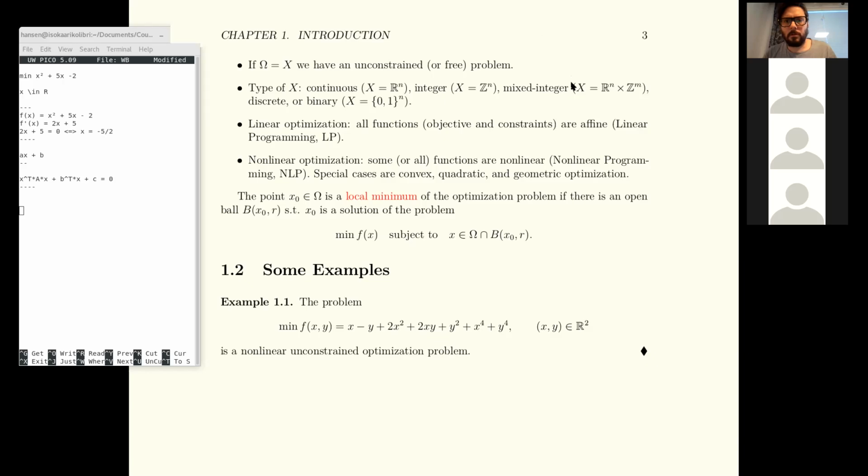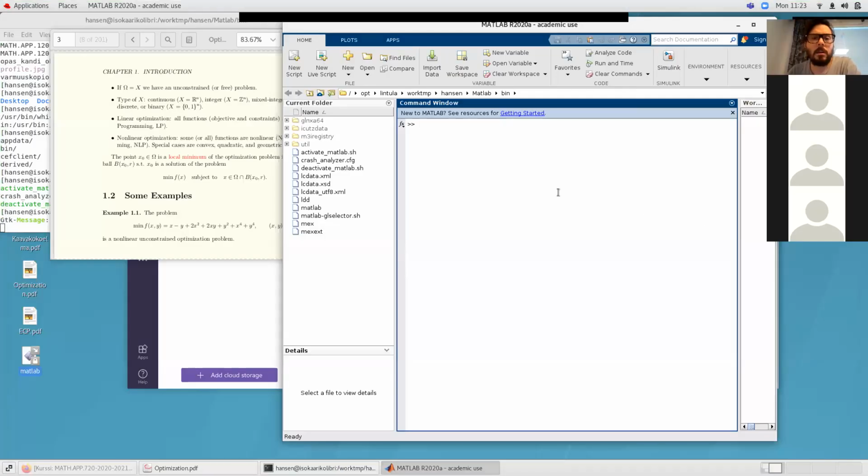I'm going to just very quickly show you a small example. A very quick introduction. So I hope you have access to MATLAB. Some of the things that we might do, there's the minimization of this f of x equals something like this. So I'm going to just write symbols x, x, y.